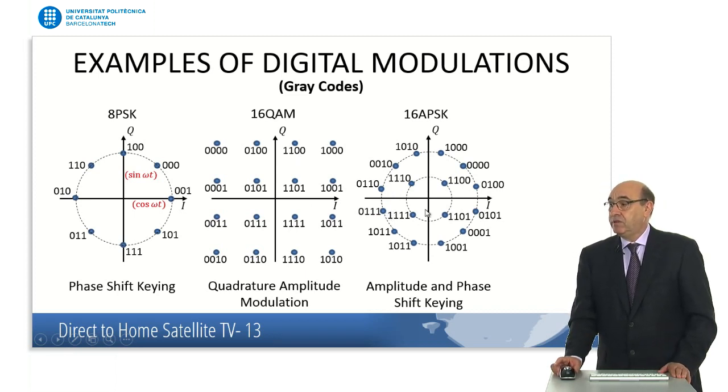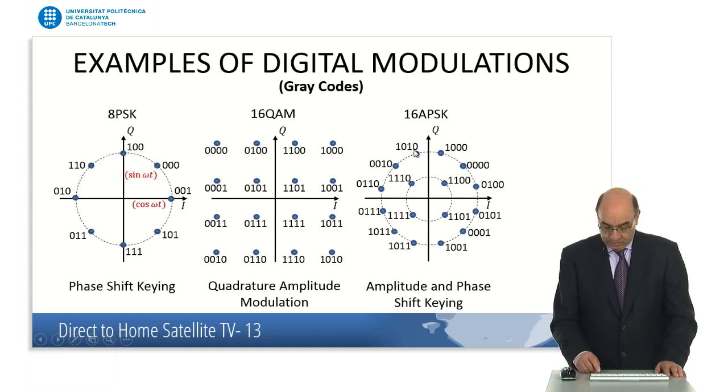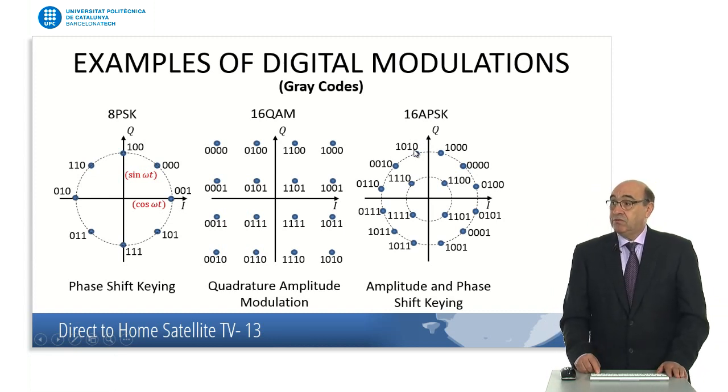You have here the first 4 states, and then the 12 following on the outer side. And once again, from one to the other, there's only a change in 1 bit to the closest one. And those are the basic ideas for amplitude and phase modulations.